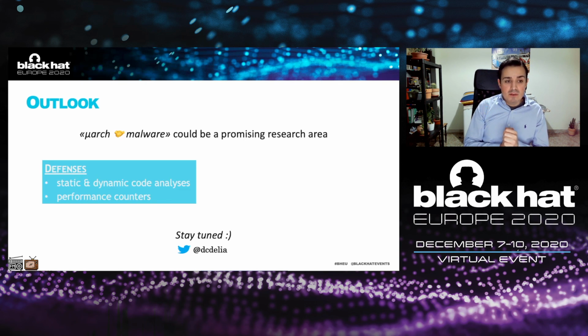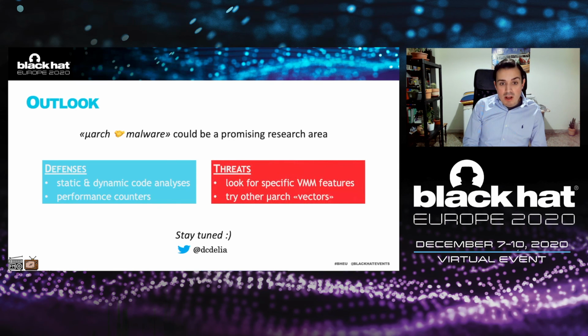And another thing to do that is pretty low effort for them is to keep track of performance counters for the detection side. For instance, with performance counters, you will be able to detect that the LLC prime and probe attack is going on. While for the offensive part, for new evasion, I think there is a lot of room to explore.